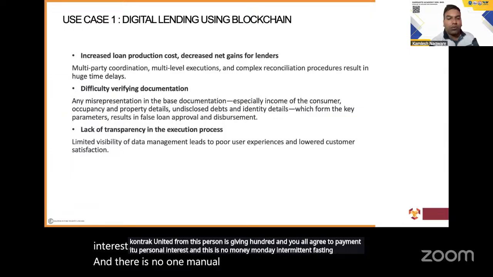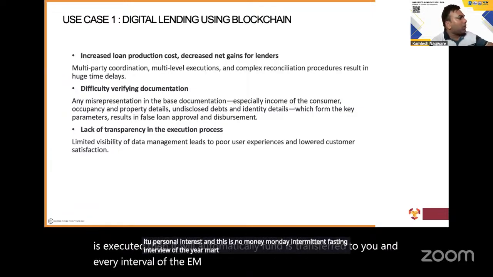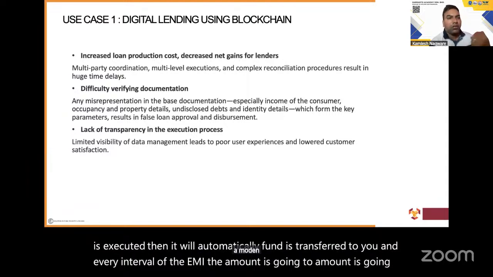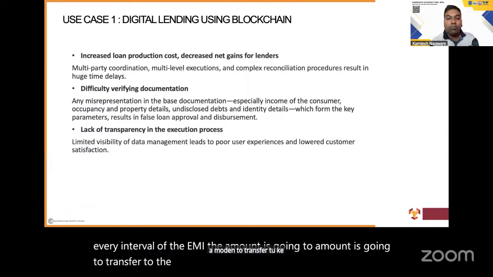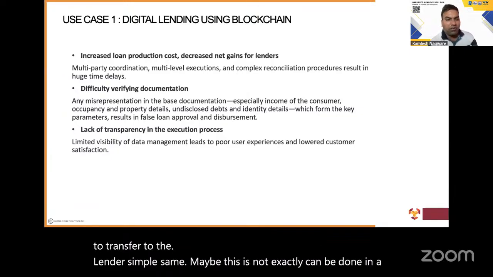When this smart contract is executed, the funds are automatically transferred to you, and at every EMI interval the amount is transferred to the lender. Simple.